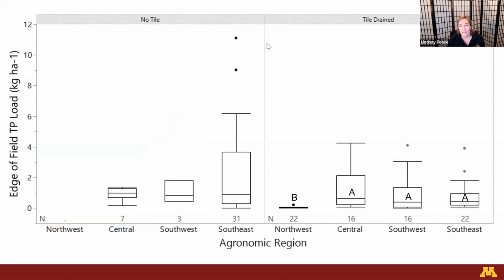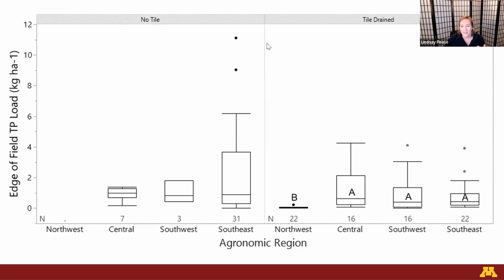And some of that speaks to the capacity of tile drainage systems to actually absorb more water when you have those fast and intense rainfall events. It changes the pathways, gives a little bit extra capacity of the soil to be able to absorb that water and those intense rains. And so we do see that play out in the total phosphorus load.